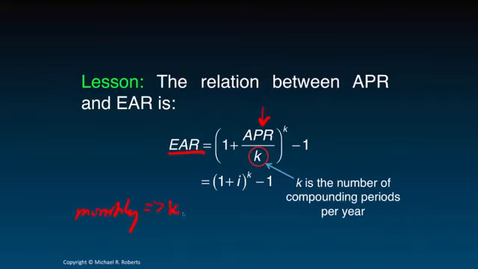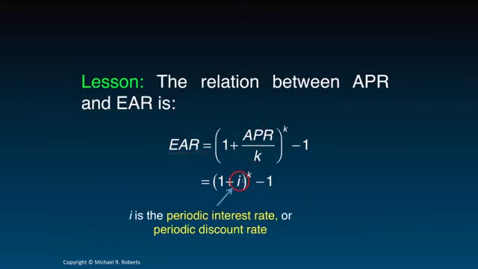That would imply a K of 12. How about semi-annual? That would imply a K of 2. And I'm going to introduce a little bit of notation here. I is the periodic interest rate or the periodic discount rate, and that equals APR over K.